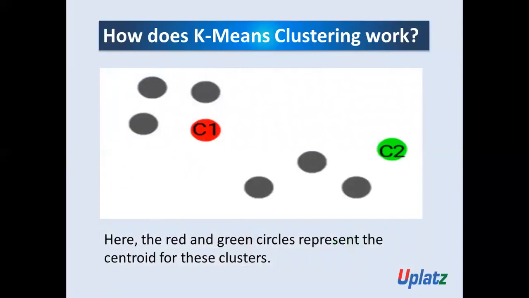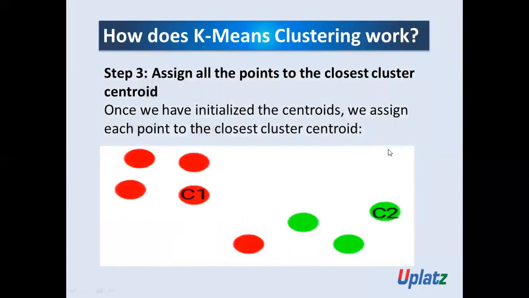These 3 points are closest to the centroid C1, so you can assign these points to C1. Now these 2 points look closest to this other centroid, C2, which is green.